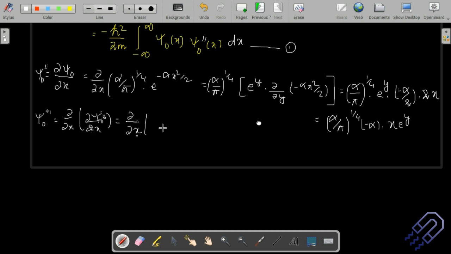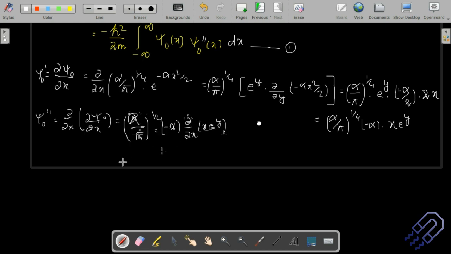So why take the hassle of writing this again? I will just take the constants out first. So alpha divided by pi whole thing to the power 1 by 4 into minus alpha, and then that would be del x of x e to the power y.